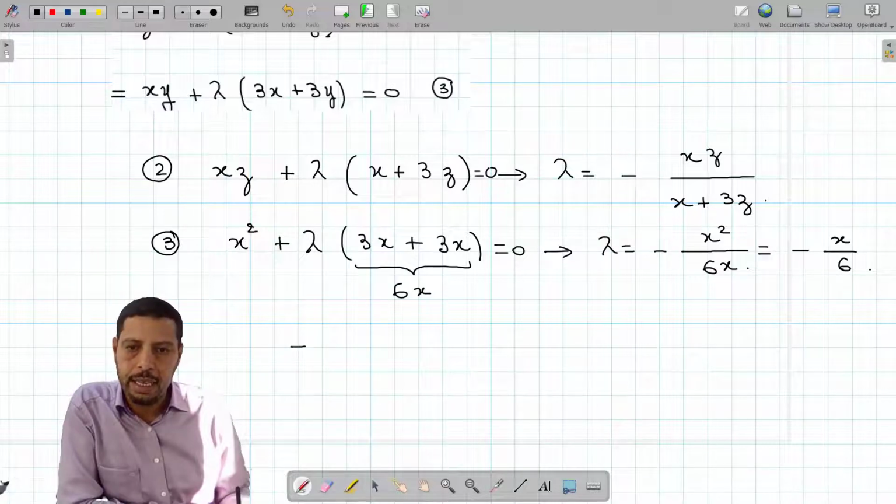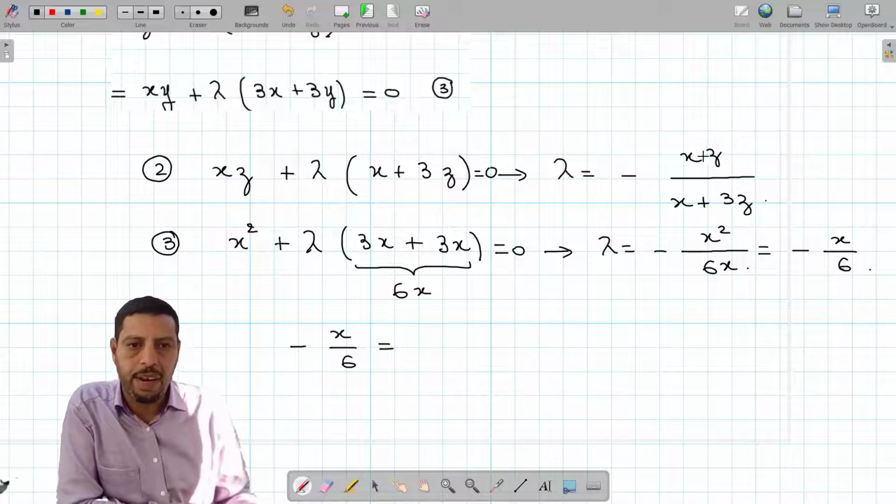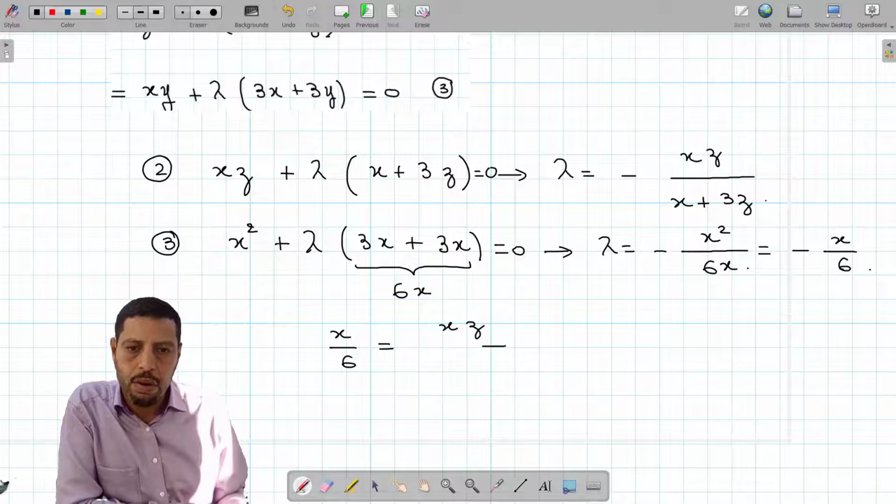So let's write that negative x over 6, which is the second expression of lambda, equals the first one, and we can remove the minus signs because it appears in both, okay. We can write that x over 6 equals xz over (x plus 3z).